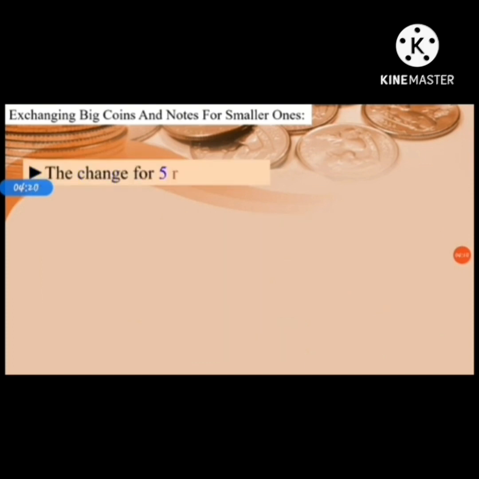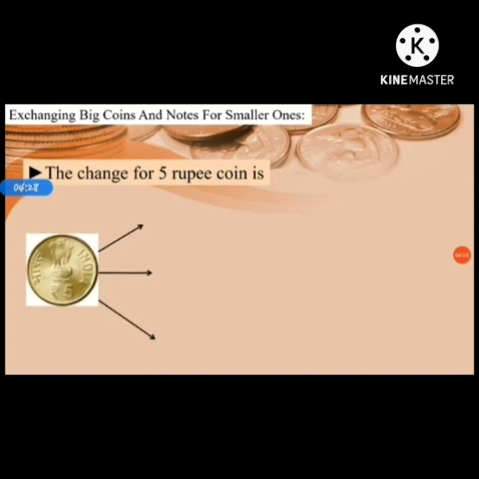Next is the change for a 5 rupee coin. How will we take the change for 5 rupees? Can you tell me? Now see here, 5 coins of 1 rupee, so we have 5 rupees.